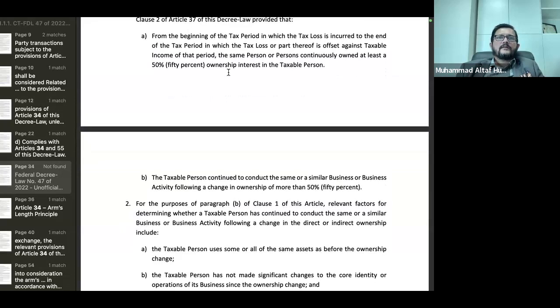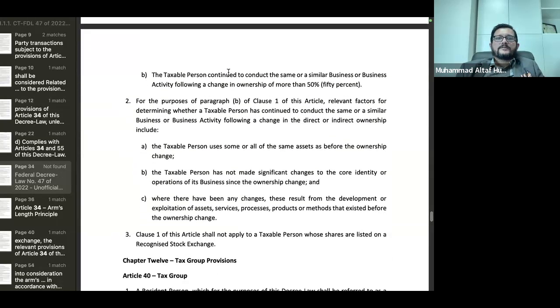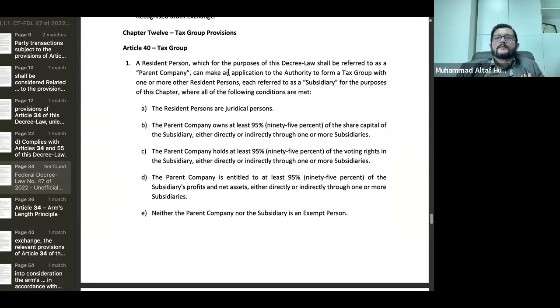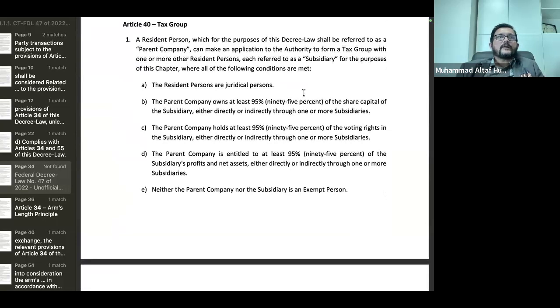What if the shareholders are the same in both companies? No, doesn't matter. The legal structure must be that of a parent subsidiary. It is written in the tax group. It cannot be common shareholding or related party shareholding. It holds at least 95% of voting rights in the subsidiary.